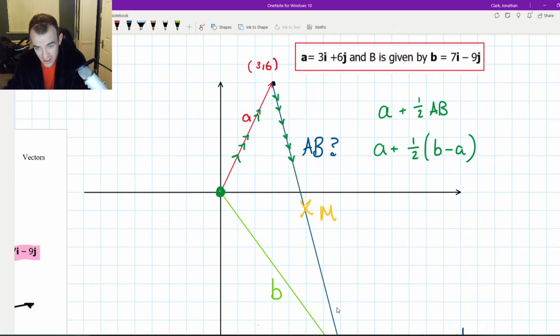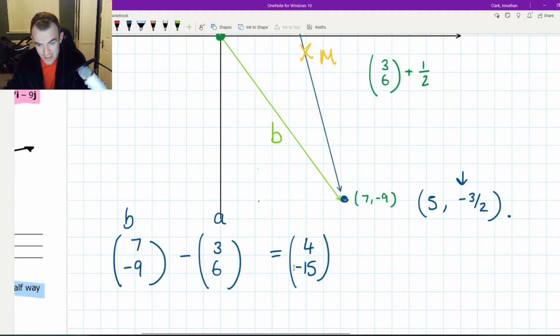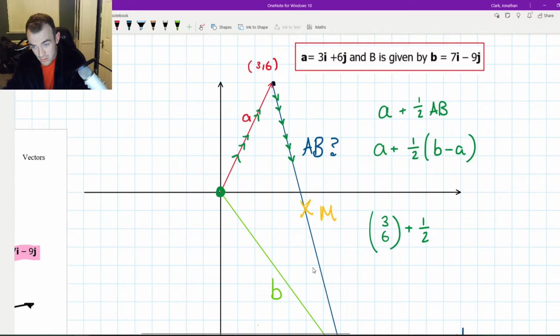Okay, so the vector A was 3, 6. The vector AB was 4, minus 15. If I run this again, 3, 6, half of 4 is 2.